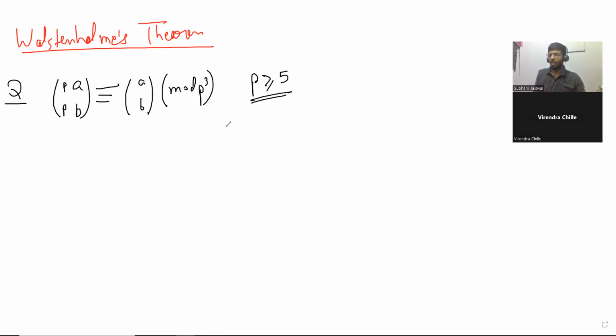You see, this is a stronger result. Why? This will imply that. Correct? It implies, right? Because this is saying that p cube divides the difference. We had to prove p divides the difference, and here it is much more. So this is actually the harder result.